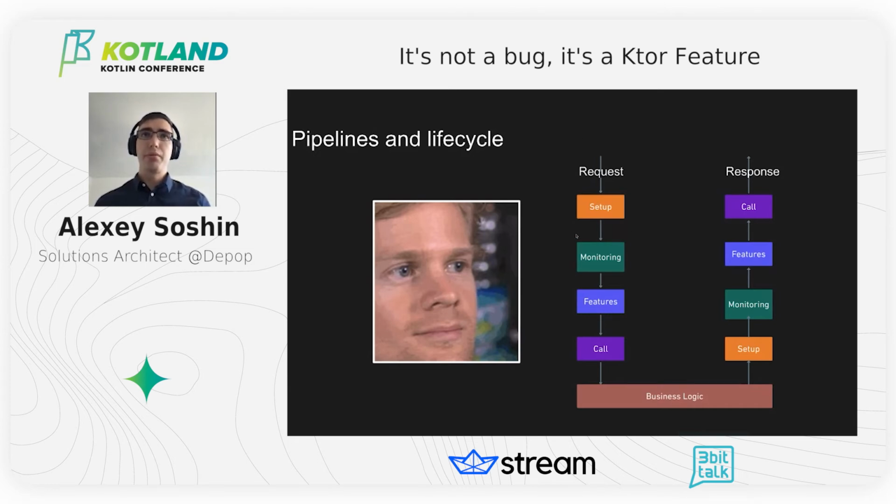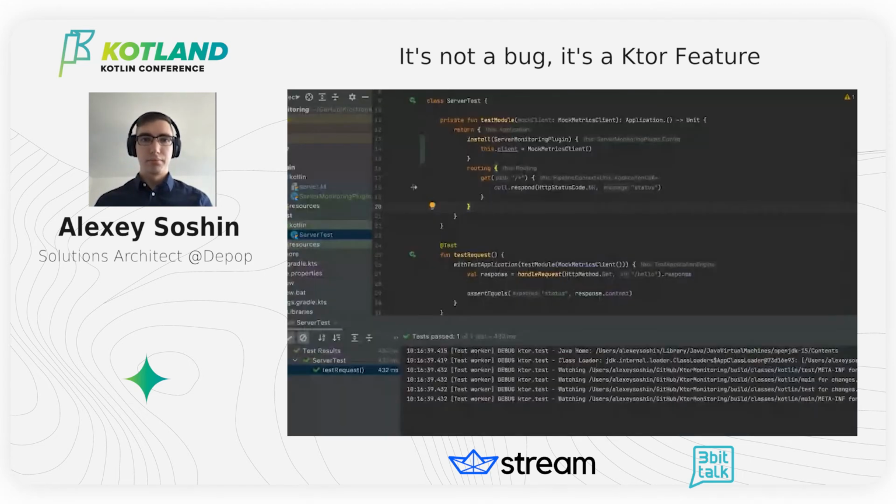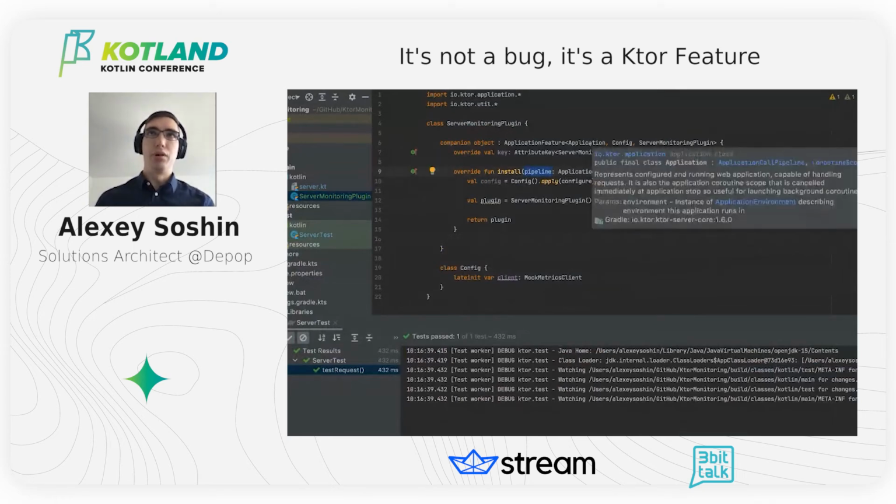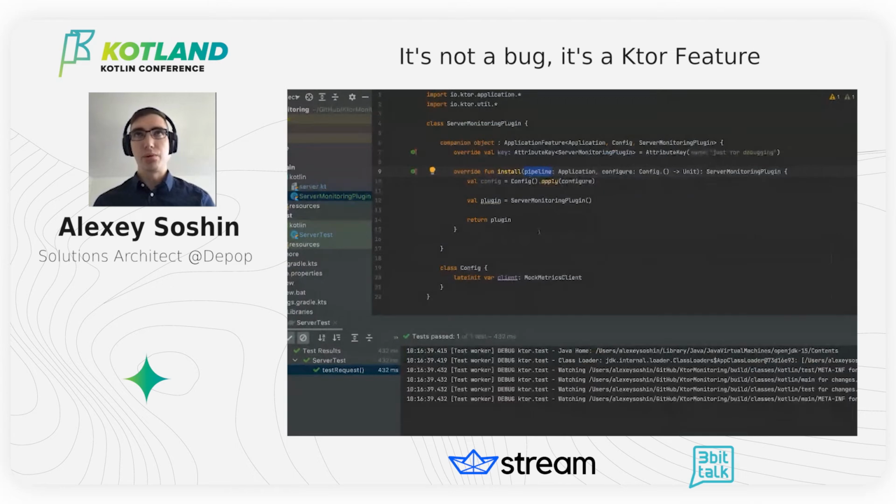So we will install our plugin here. If you look at our code, you can see that the first argument, the type we operate on, is already called the pipeline. And to add logic to a certain phase, we use the function intercept.